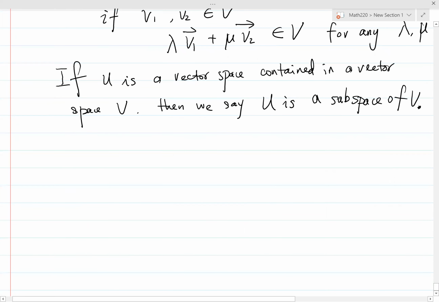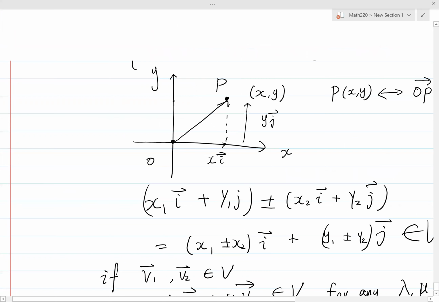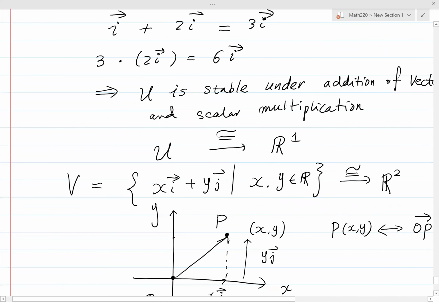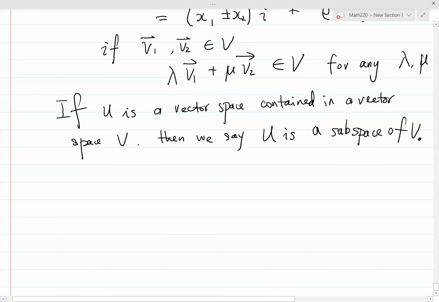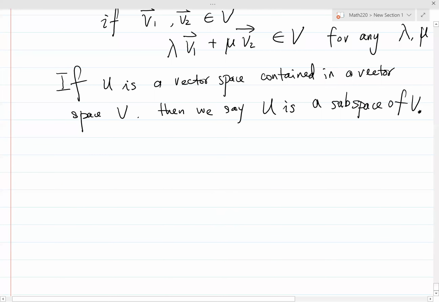In the above examples, the vectors are of the form some multiple of i plus some multiple of j, and now we give a definition. We can construct vectors from basic elementary vectors.